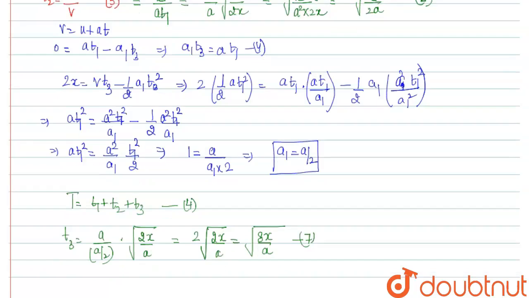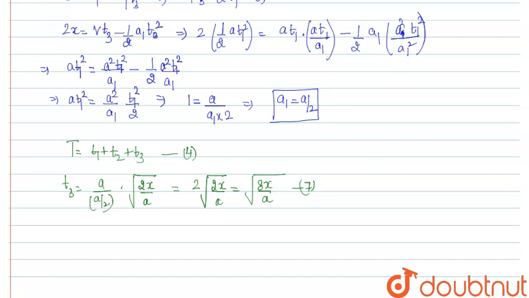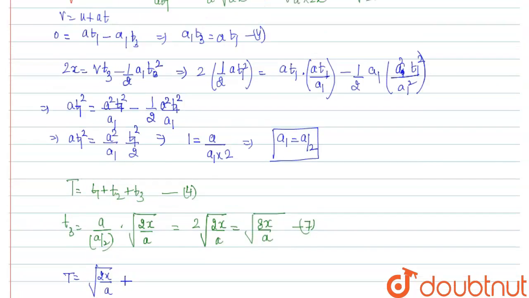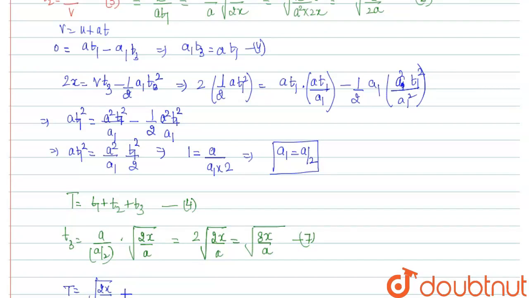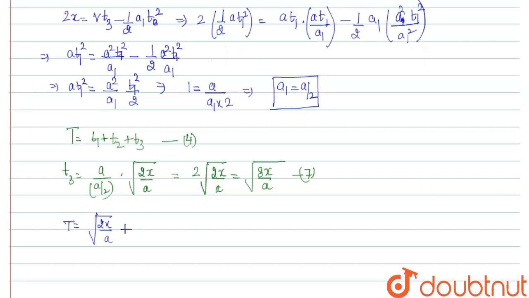This will become that capital T is equal to T1. T1 is square root of 2x upon A. T2, the value of T2 we solve here, is square root of x upon 2a.